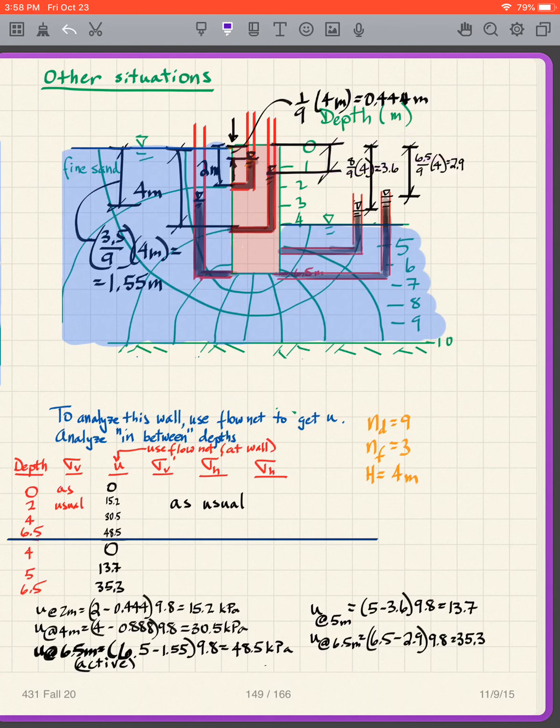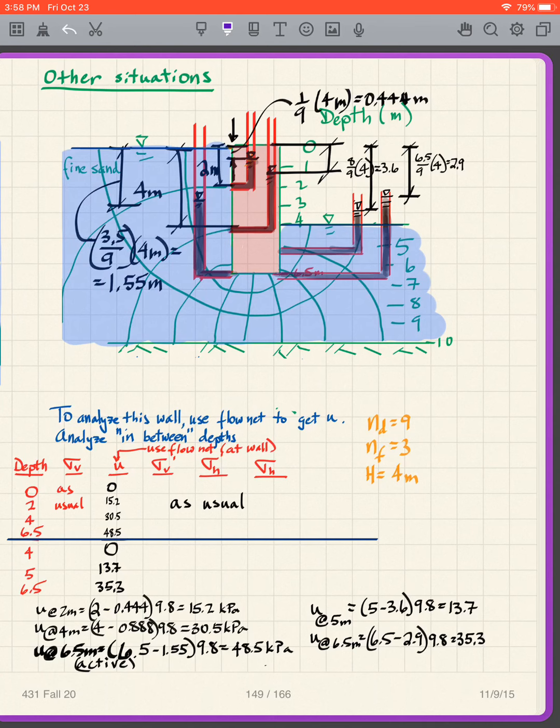And then to here, I don't show a piezometer, but that would be 3/9. And then the one that I do show is right at the bottom. Well, that's 3.5 ninths because it's 3.5 squares I've gone. And 3.5 times 4 over 9 is 1.55 meters.